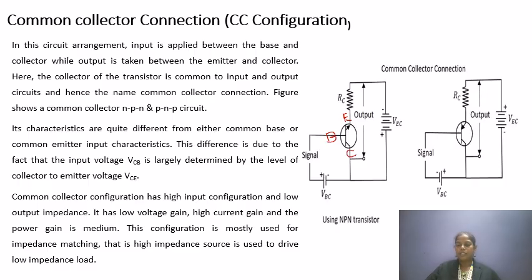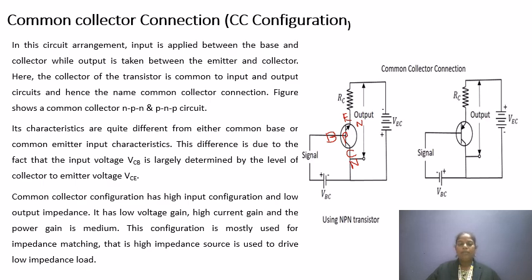This is the structure. Coming to the NPN transistor, the emitter is N, this is P, and the collector is negative. Clear?